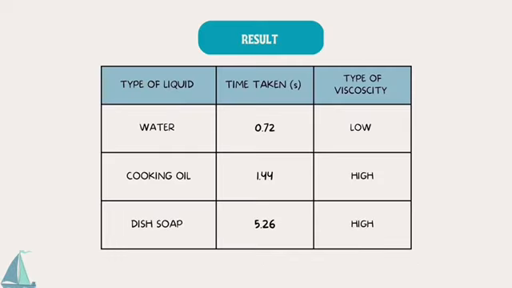After we have dropped the marble into the 3 different liquids, some of them move very quickly to the bottom of the cylinder, while others move very slowly. This is proved by the result that we have obtained. As we can see from the results table, the time taken is different for each of the 3 liquid samples.